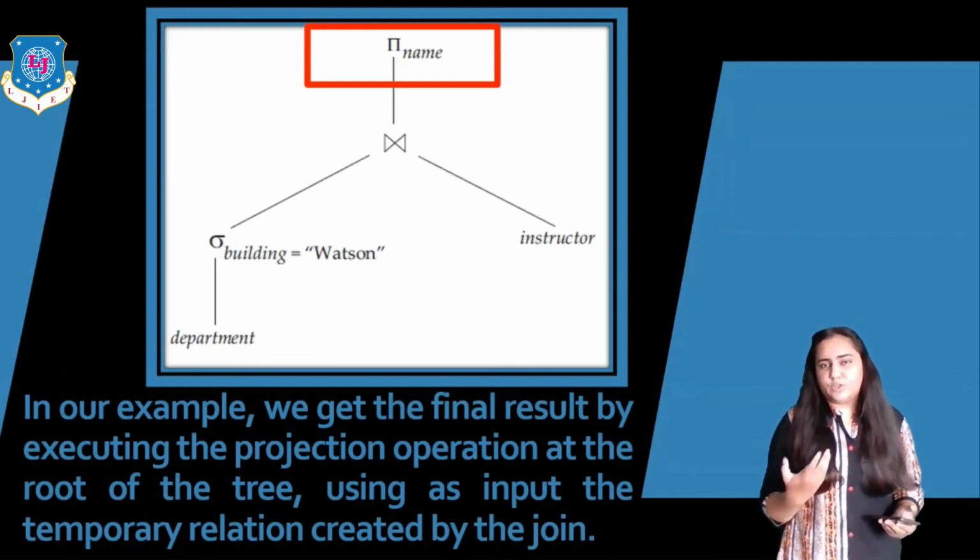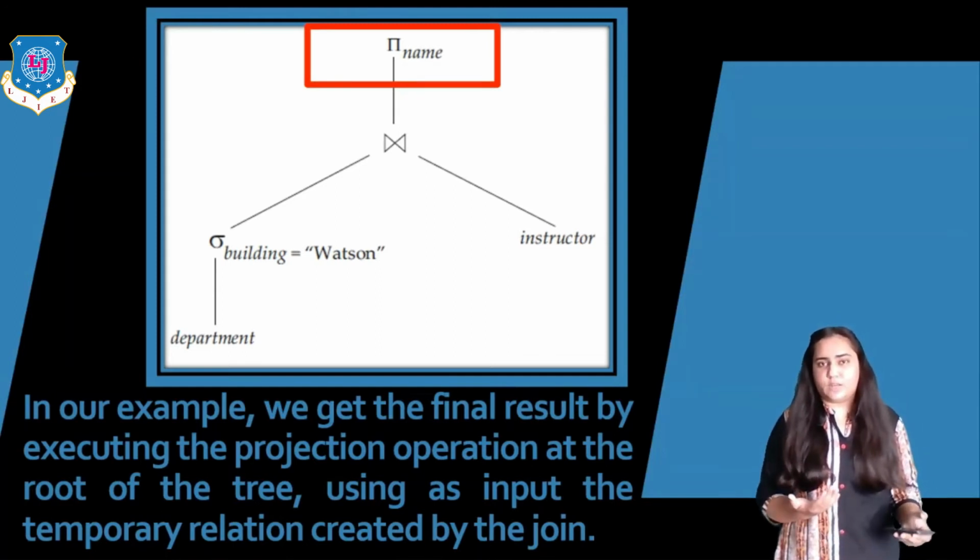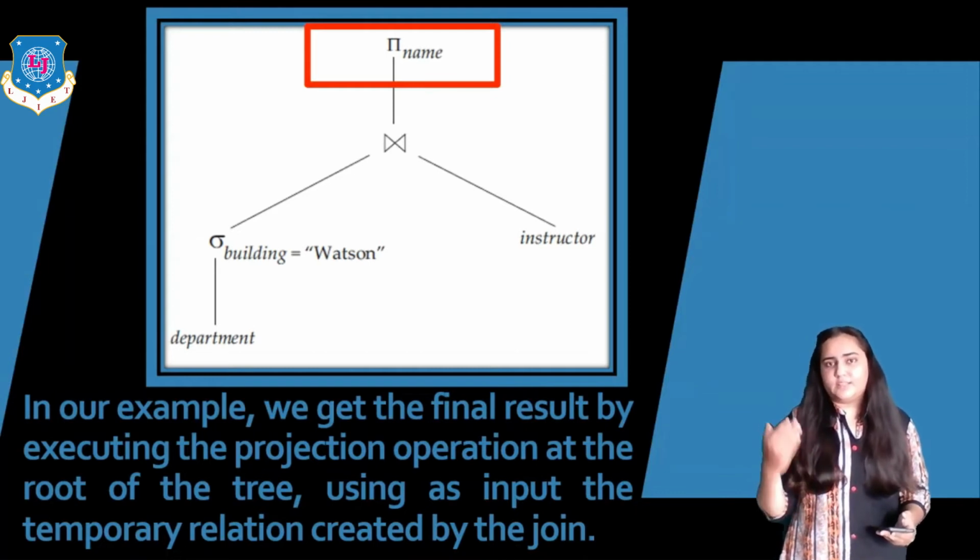So when you write a simple SQL query, all these things go on behind the scenes. You won't realize it, but this is what happens behind the scenes when you are trying to run a really small SQL query. It gets converted into an evaluation plan, and then that plan is executed.